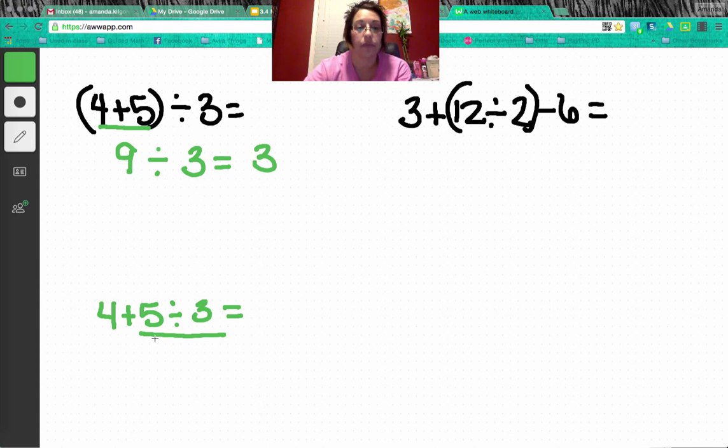Let's look down here. We have 5 divided by 3, which won't go in evenly. Right now in 5th grade, we have not learned how to divide using decimals. In the future, you're going to learn that we can do this because we look at this 2 times 2 is 4.